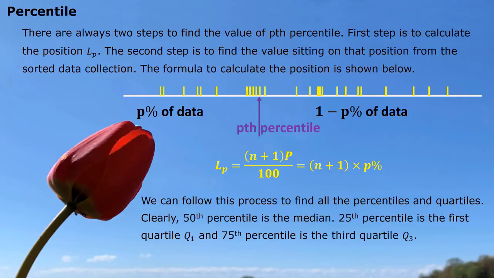We can follow this process to find all the percentiles and the quartiles. Clearly, the 50th percentile is the median, the 25th percentile is the first quartile, and the 75th percentile is the third quartile.